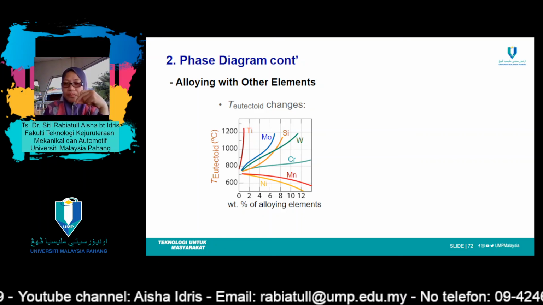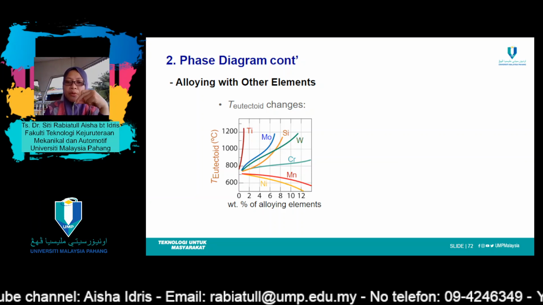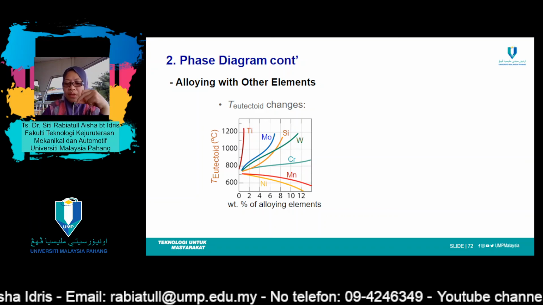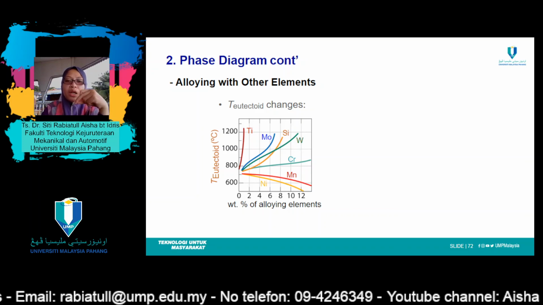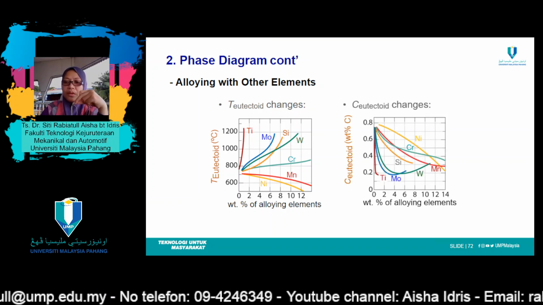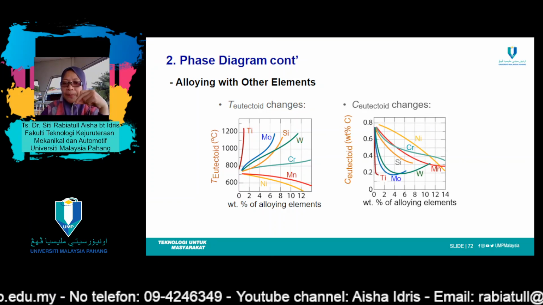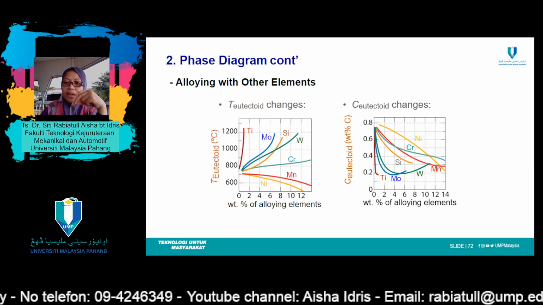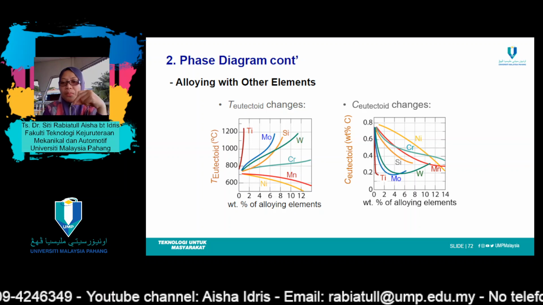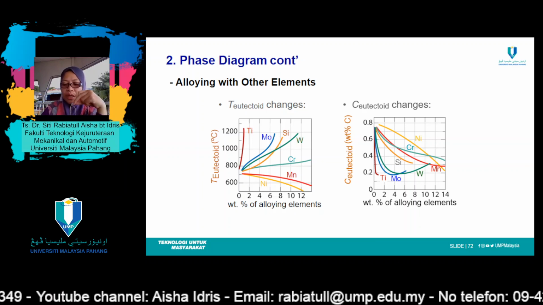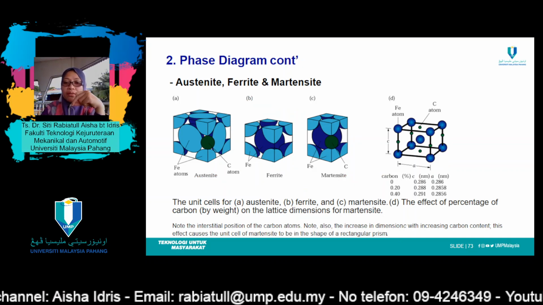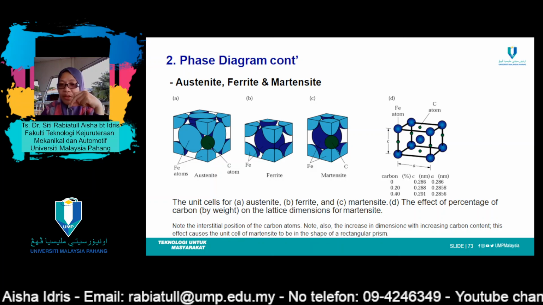Well, for example, the eutectoid point may change, or the eutectic point may also change, depending on the types of alloying element being added into that material. You may see the graph over there with the changes of temperature as well as composition for each type of alloying element.